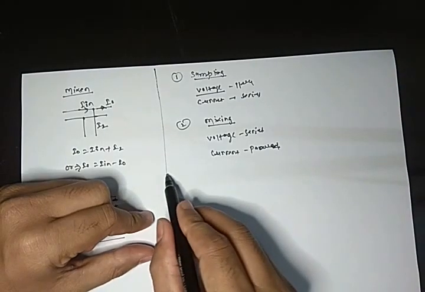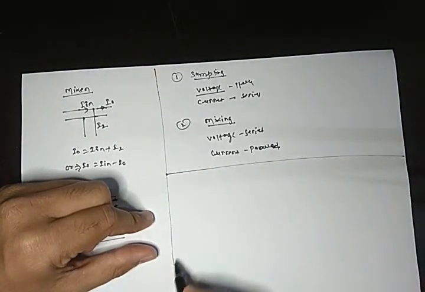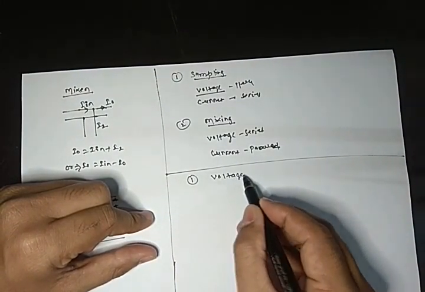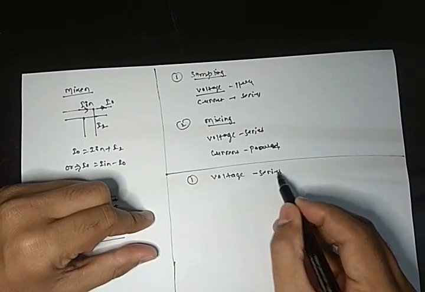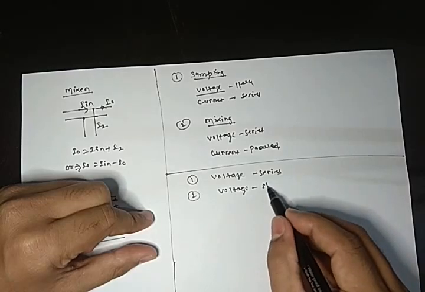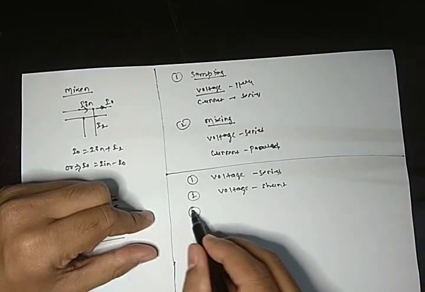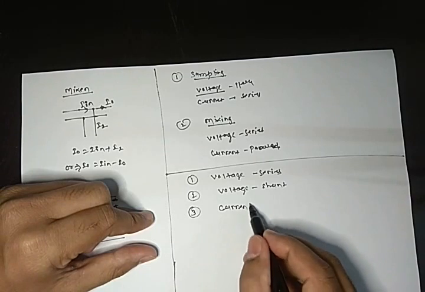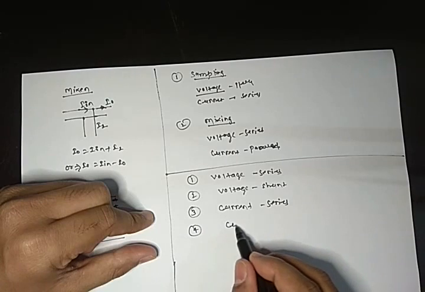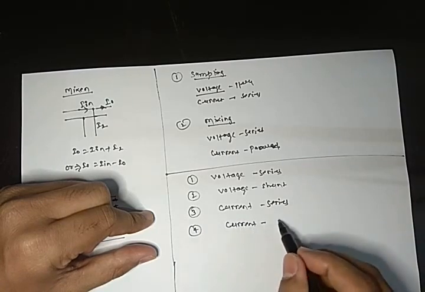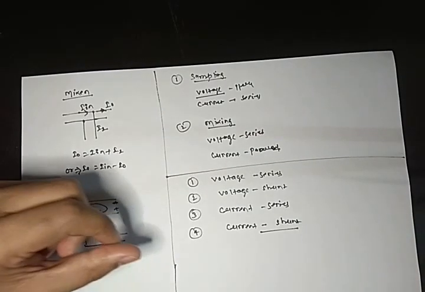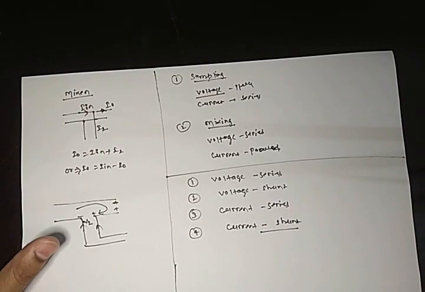As there are 4 feedback types, the first one is voltage series, second voltage shunt, third current series, fourth current shunt. Now we will study one by one what all the sampling process.